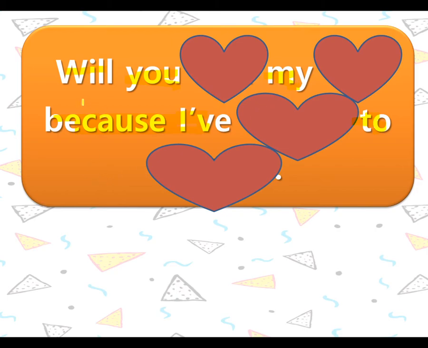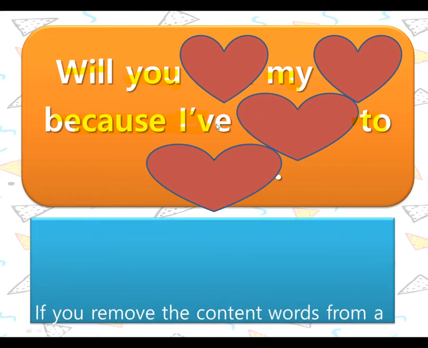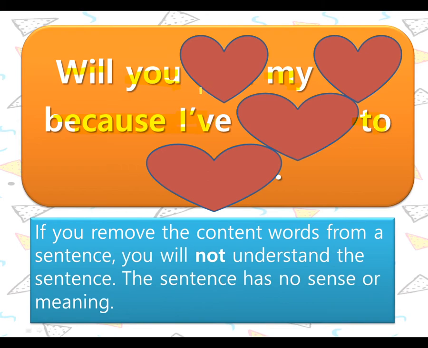The speaker's asking you about their something because they have something, but we don't know what. If we remove the content words, we can see the listener will not understand the sentence. There is no meaning to the sentence without the content words. That is very important, something to bear in mind in our future. Perfect grammar, if we don't remember our content words, is useless.